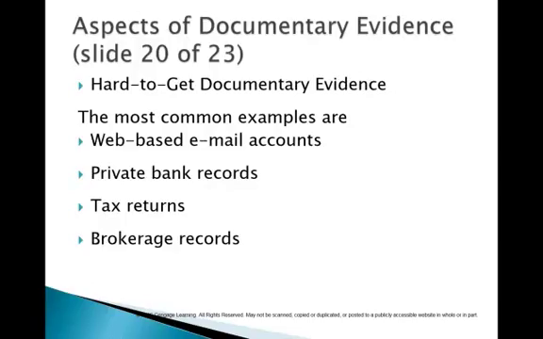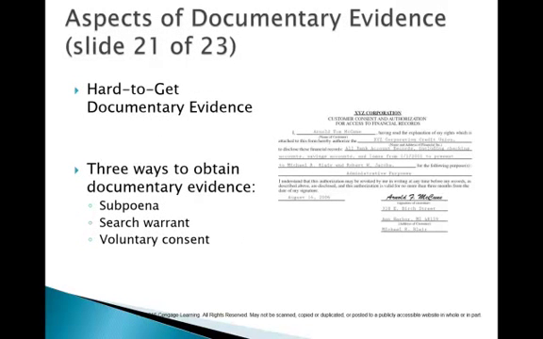Same with brokerage records. We can't call the broker and have them send those records to us if it's a private account. So what we need to do is either get a subpoena, get a search warrant from authorities, or just get the person to voluntarily consent. Maybe the person didn't do anything wrong, and so they just give us their consent to look at their bank accounts.